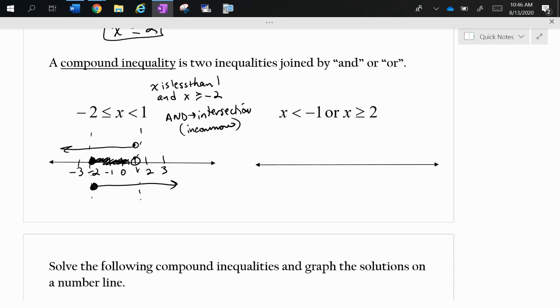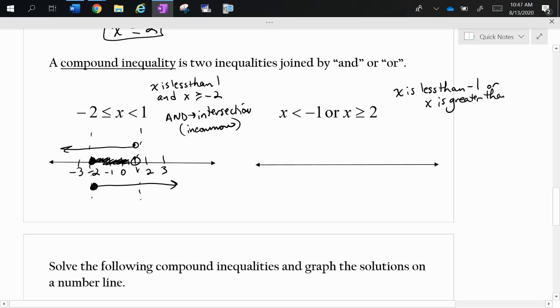Okay, the next one is the one joined by the word or, and we can see that there's an or in this sentence. It says x is less than -1 or x is greater than or equal to 2. And this is an or compound inequality.